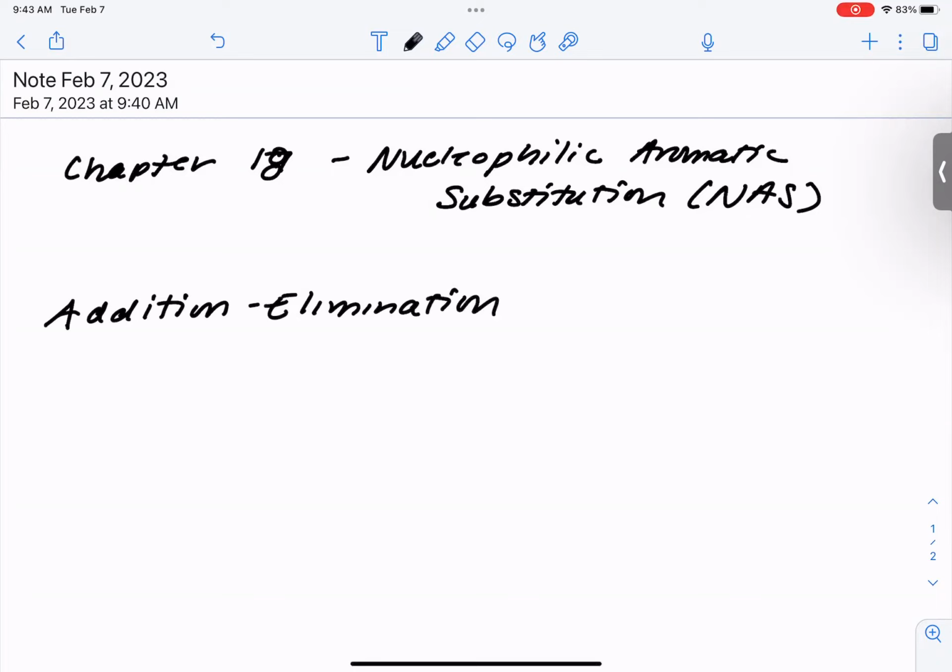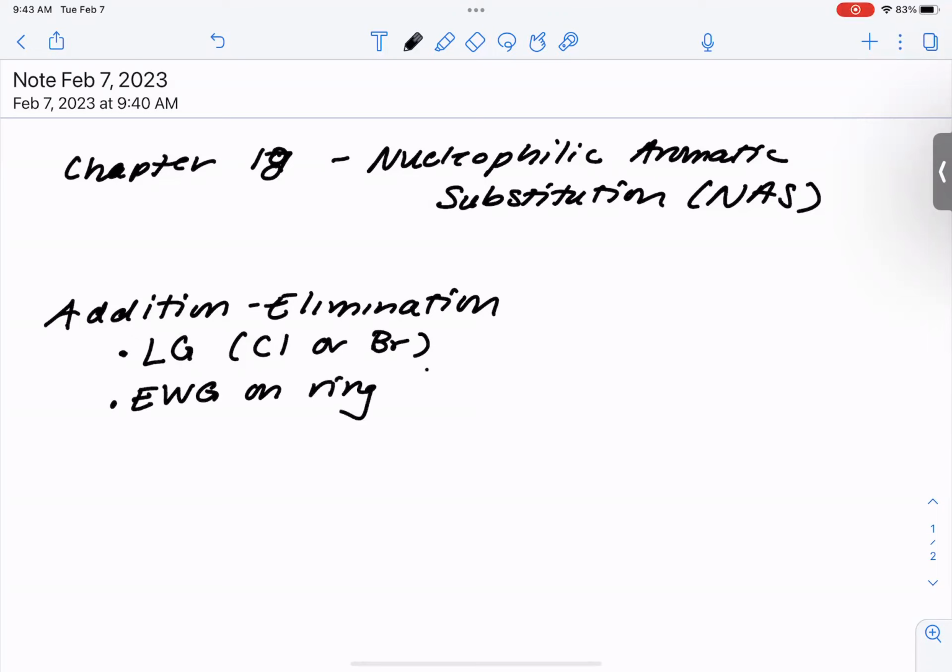So with addition elimination, you need to have a leaving group, and that leaving group is going to be chlorine or bromine. You need to have electron withdrawing groups on the ring, and you would like them to be in the ortho or para position to the leaving group.